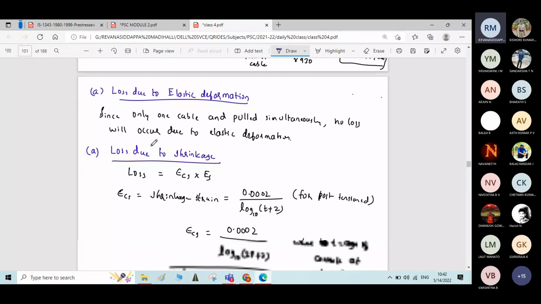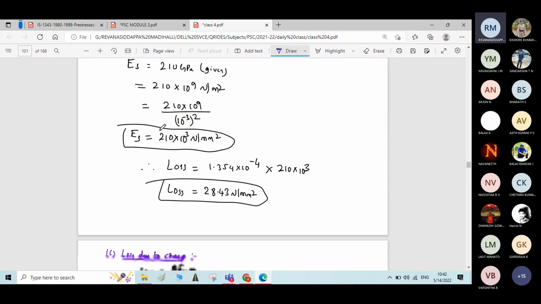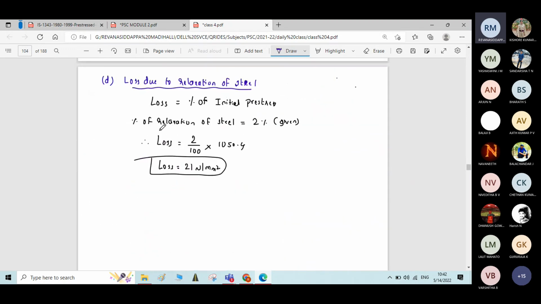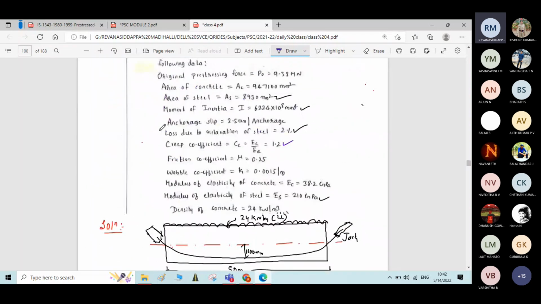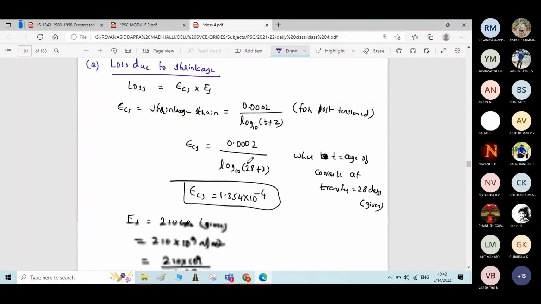These five will definitely come: loss due to shrinkage, creep, relaxation of stress in steel, friction, and anchorage slip. All five losses will definitely come for a post tension member. Even the loss of pre-stress due to elastic deformation will also come when the cables are pulled one by one. So in this problem, cables are pulled simultaneously, there is no loss.